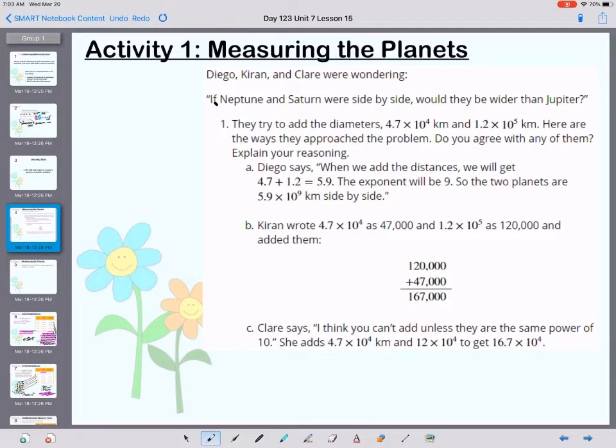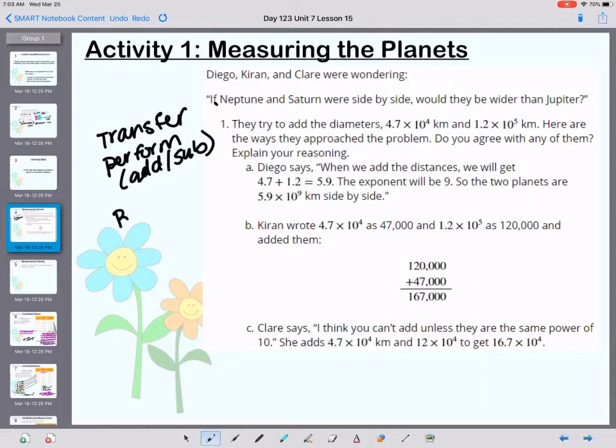With addition and subtraction of scientific notation, you have 3 rules. The first one is to transfer. The second one is to perform, meaning add or subtract.